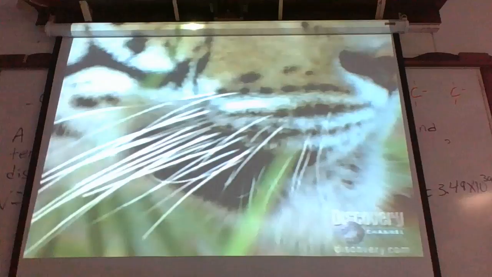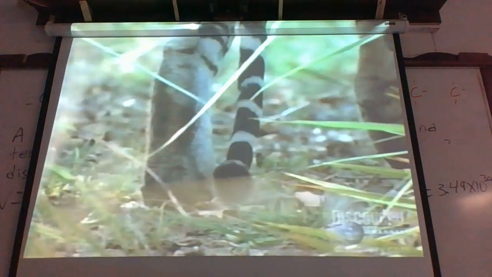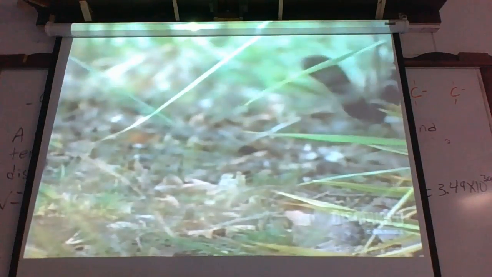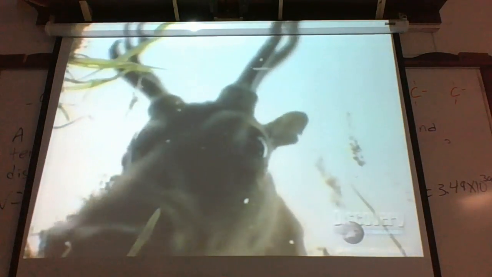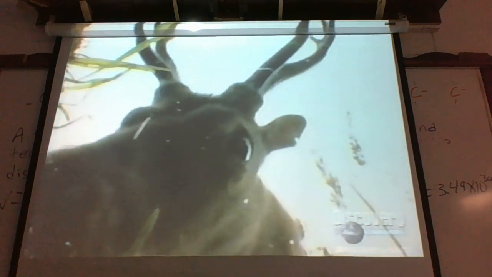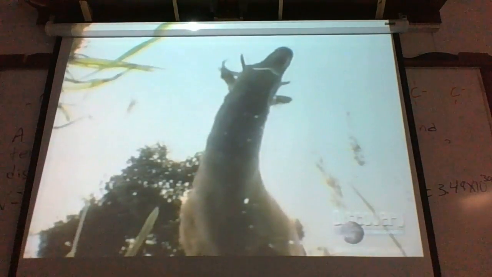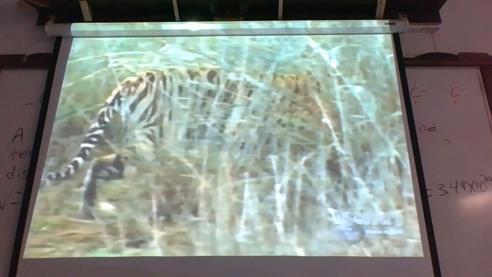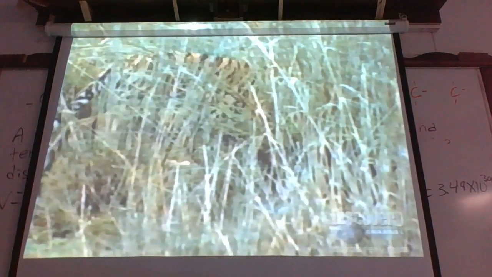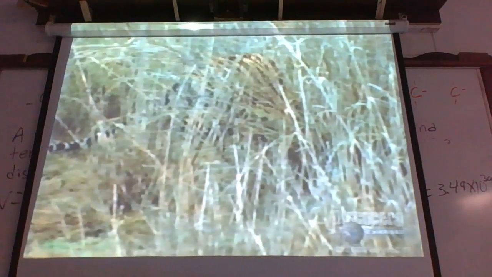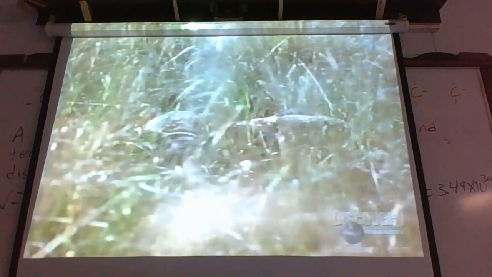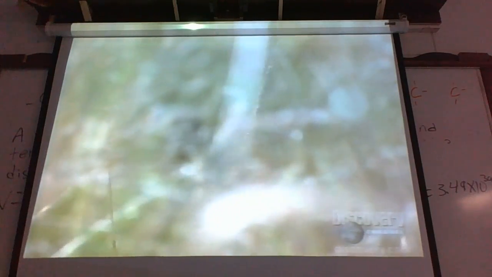This is when she starts to stalk her prey, gambling on stealth and camouflage. The deer continues eating, but its senses are on red alert. The tiger's now almost in range.